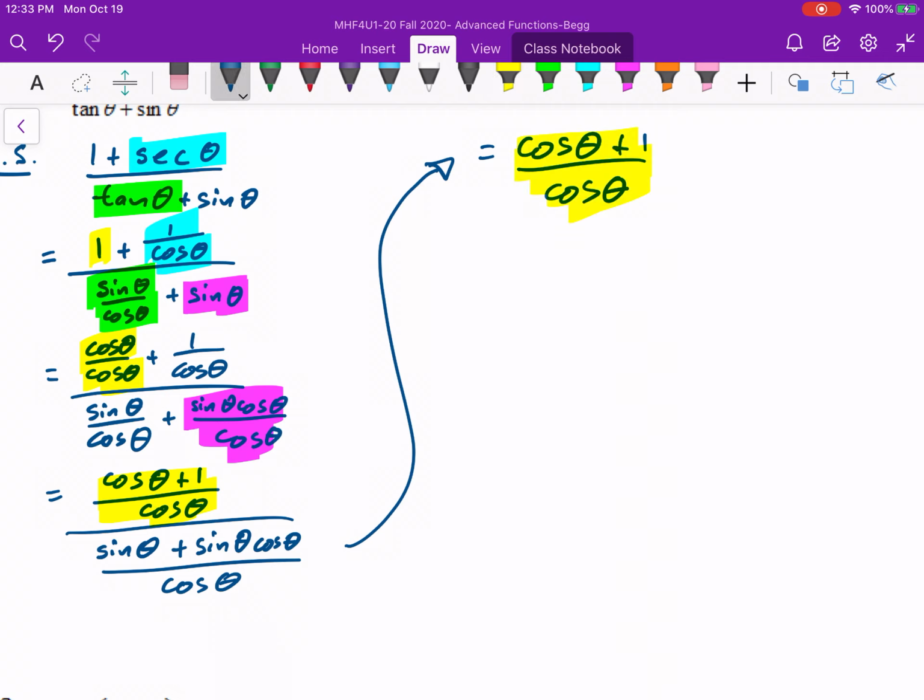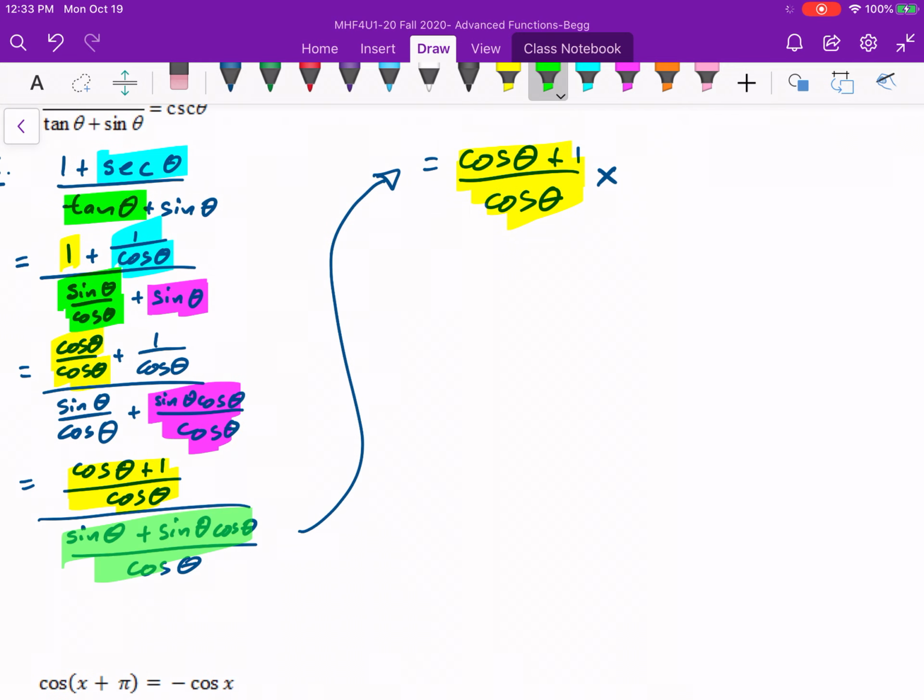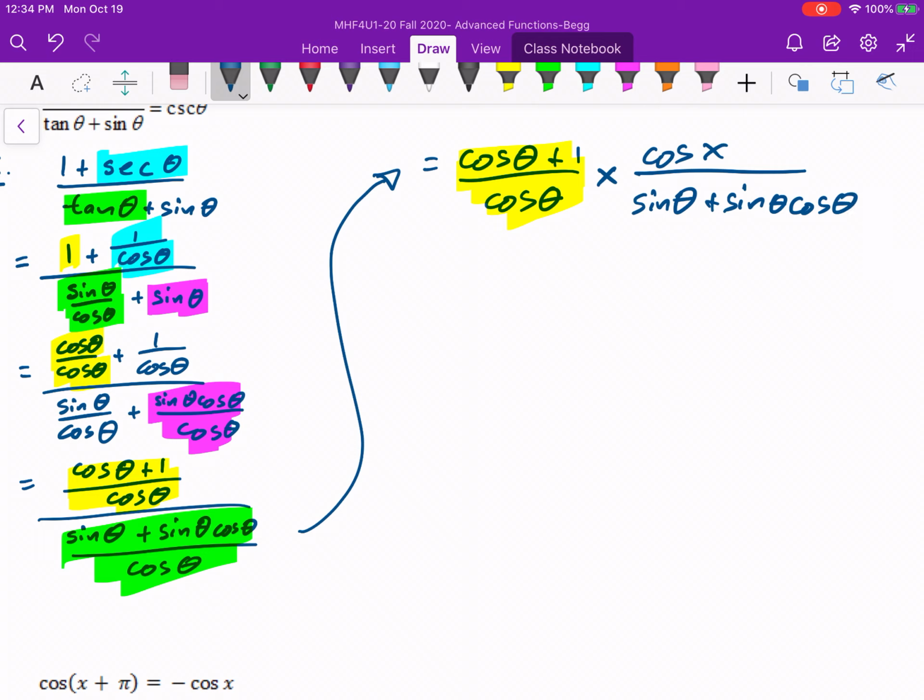And instead of dividing, I'm going to multiply by this one here, flipped upside down. So now I'm going to have the cos on top, and I'm going to have sine theta plus sine theta times cos theta. This green one is the same as the green one on the bottom, except flipped upside down. What's great about this is that the cos thetas cancel out.